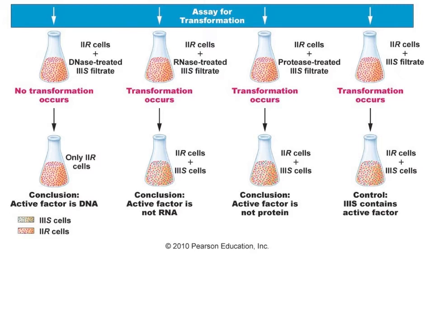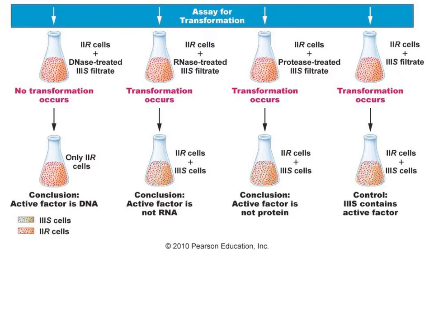Lo and behold, transformation occurs again. You end up with virulent 3S cells. Took some of that treated filtrate that has all the protein removed and treated it with RNase to get rid of RNA. So now protein's gone, RNA's gone, and in this third from the right column, you will see that we still get transformation, even though all the carbohydrates, all the lipids, all the protein, all the RNA has been removed, we still get transformation.